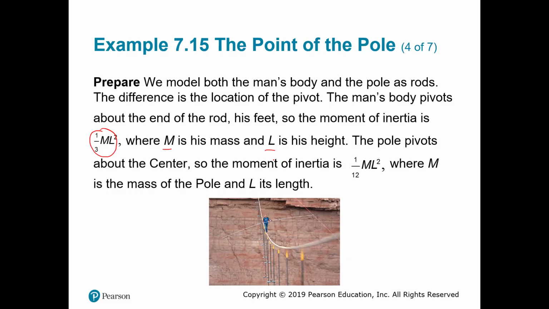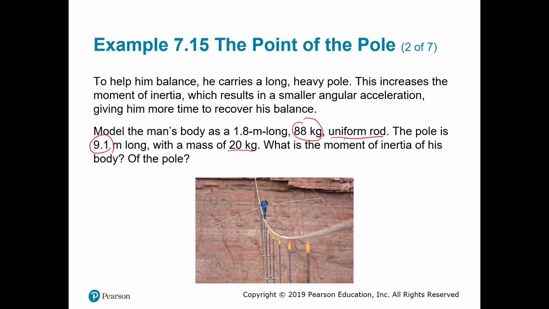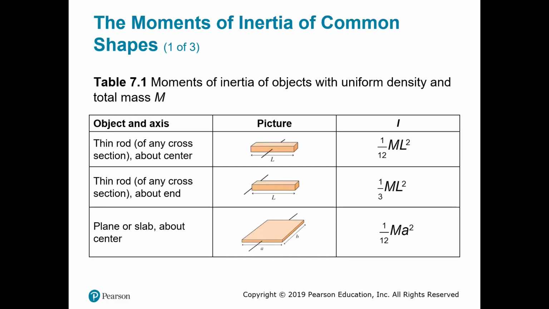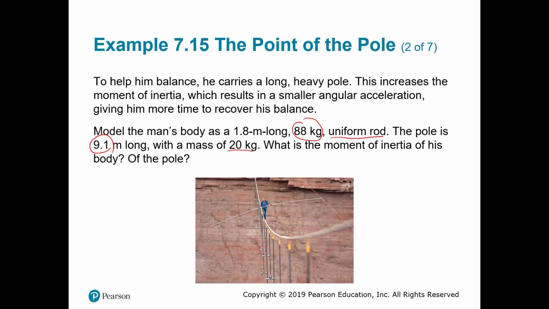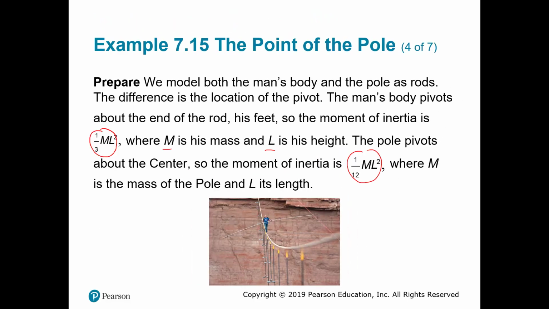The pole pivots about its center, so its moment of inertia is 1/12 m L squared. Now we can simply calculate.